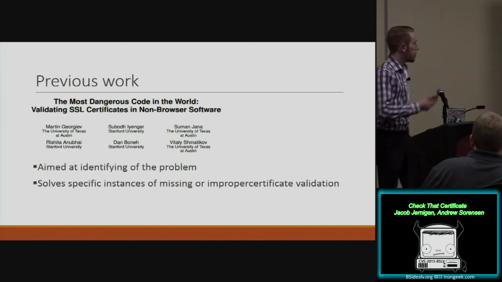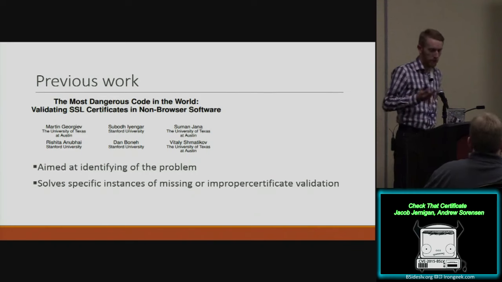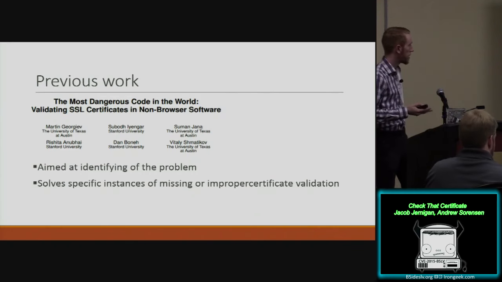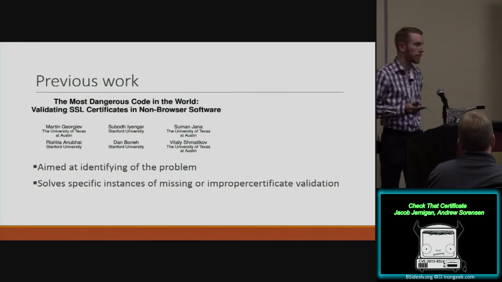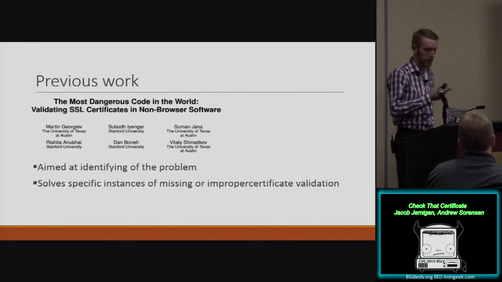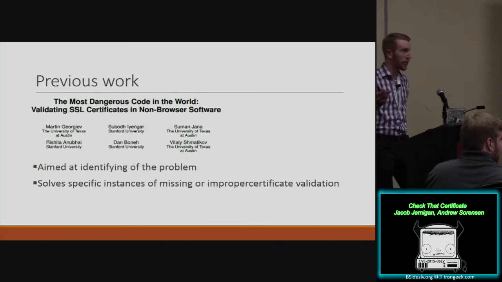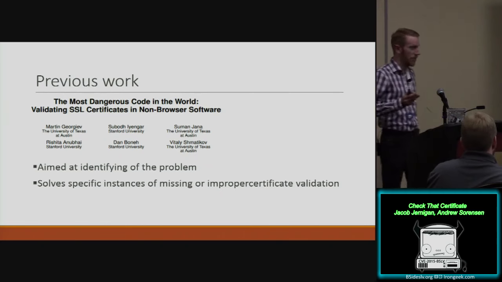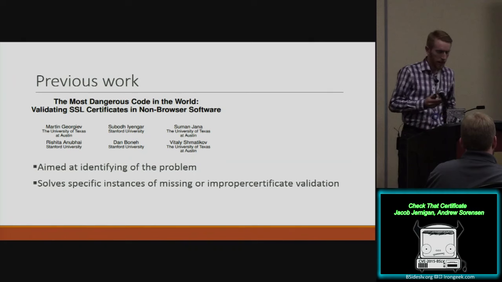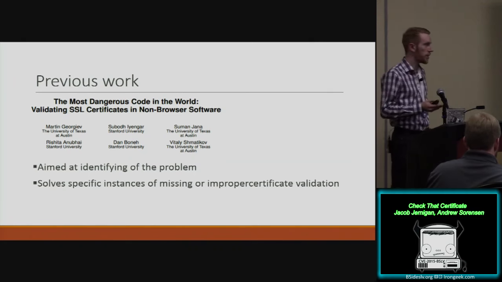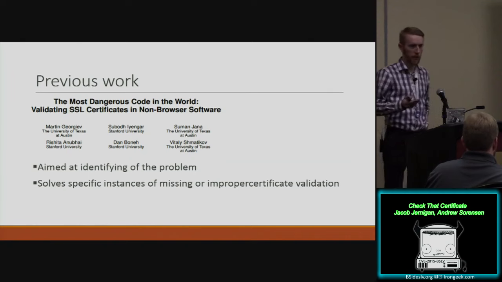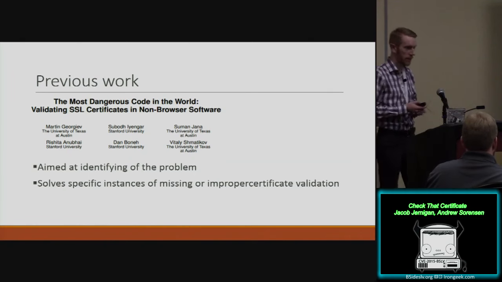So, two major areas of previous work were notable for our research. The first one is a research paper published by the Stanford Crypto Group in 2012, titled "The Most Dangerous Code in the World: Validating SSL Certificates in Non-Browser Software." They basically went through and evaluated a lot of different software packages to see how well they performed certificate validation. And it came back with some pretty devastating results, as you might imagine.